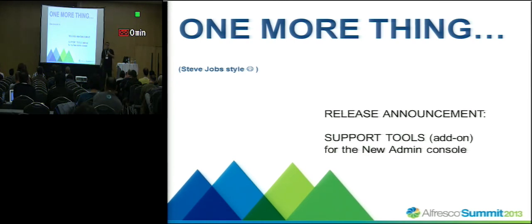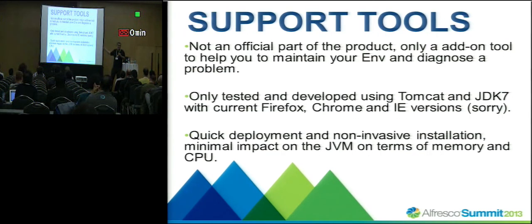And this was supposed to be a surprise, but some guys discovered it in GitHub when I published it last Thursday, and it's no longer a surprise. We wrote a nice add-on to help you do this task that I've related. It's not officially part of the product, it's an add-on.